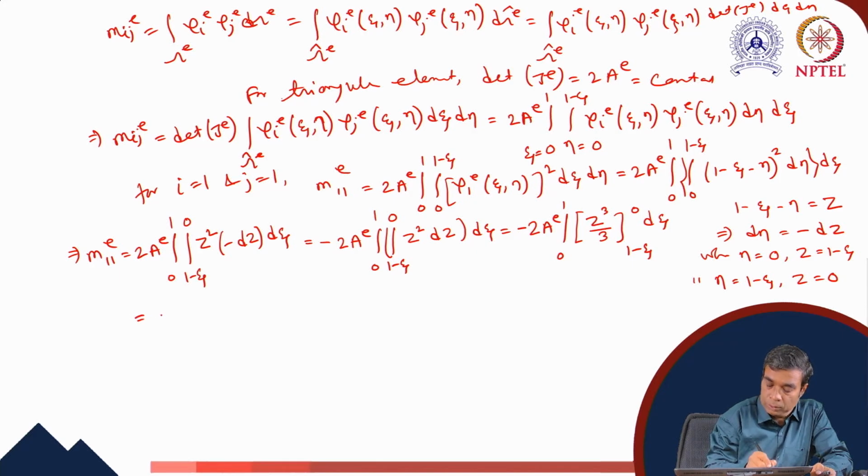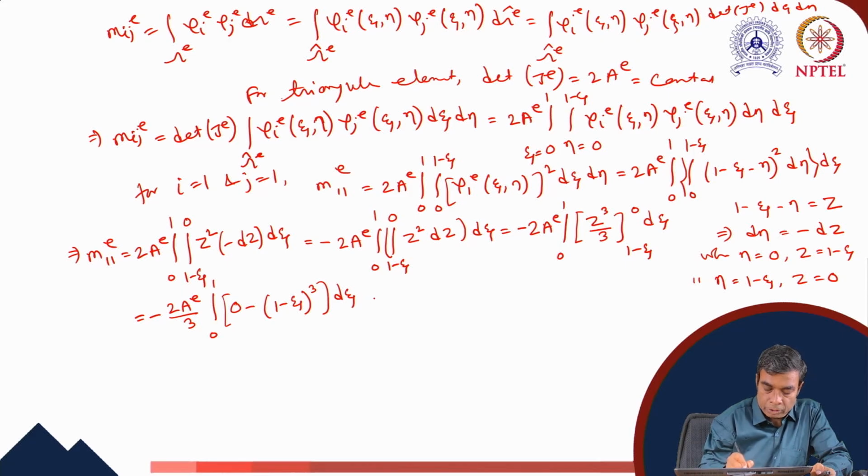This is equals to minus 2Ae by 3 integration 0 to 1. Our z cube, here we get 0 minus 1 minus xi whole cube d xi. So this can be represented as 2Ae by 3 integration 0 to 1, 1 minus xi whole cube d xi.